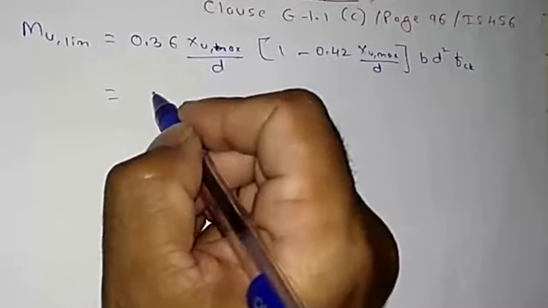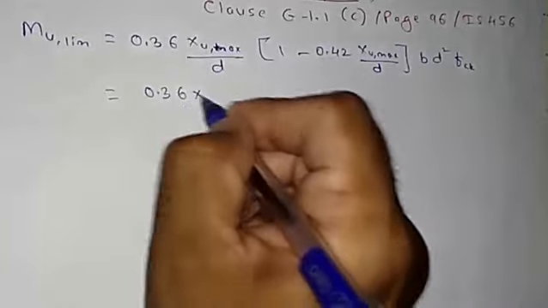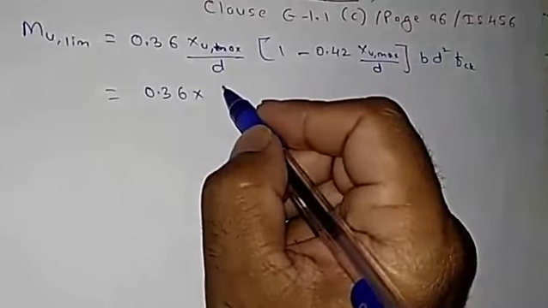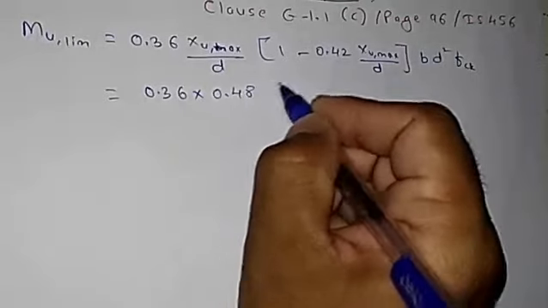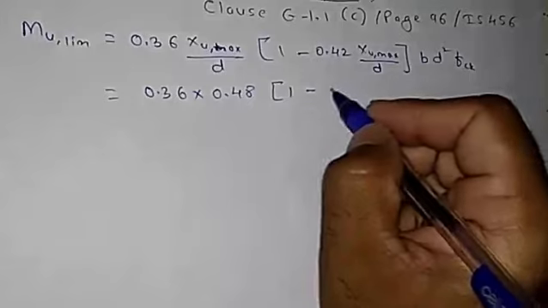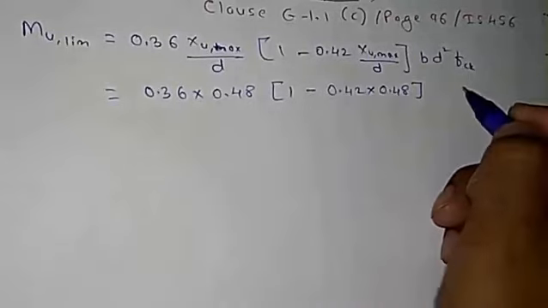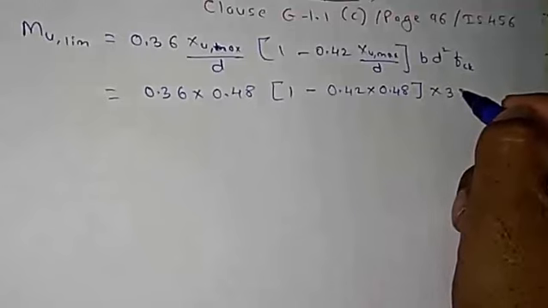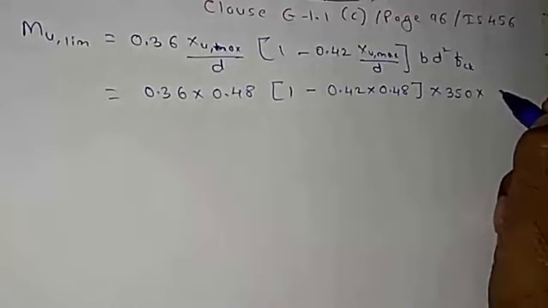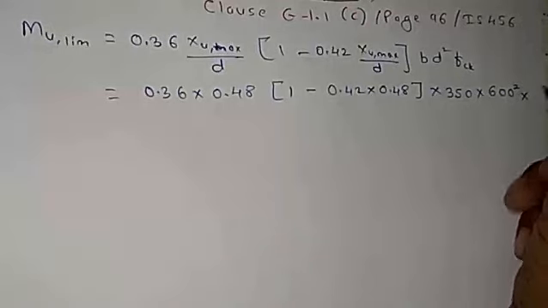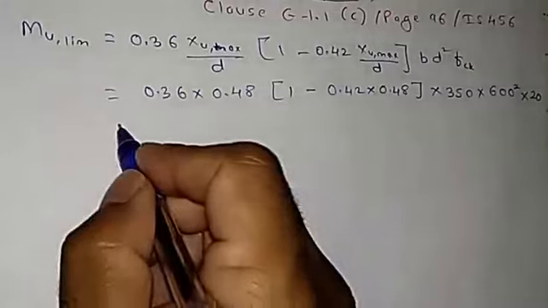So this is going to be 0.36, as you know, xu max by d for M20 and Fe415, that is 0.48. So 1 minus 0.42 into 0.48. Width is already given, that is 350 mm. Effective depth is also given, that is 600 mm, multiplied by 20, that is fck.